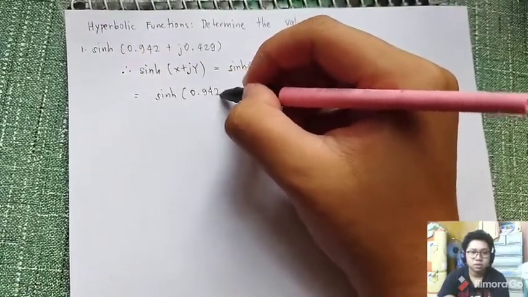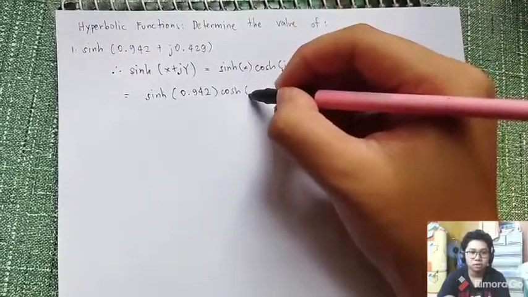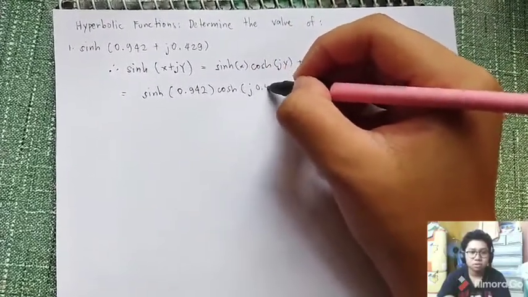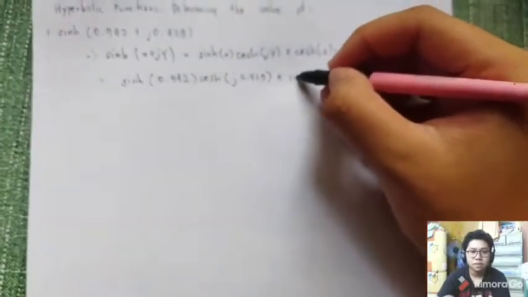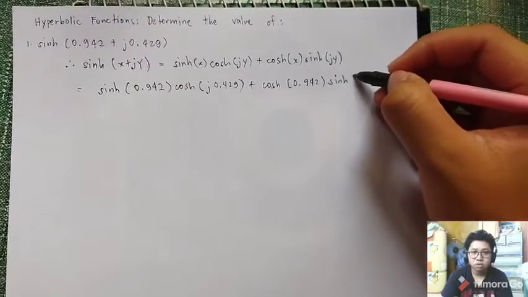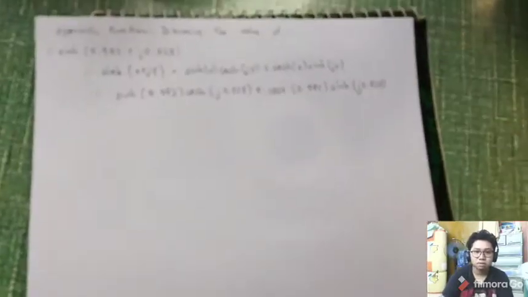is equal to the sine hyperbolic of 0.942 times the cosine hyperbolic of j0.429 plus the cosine hyperbolic of 0.942 times the sine hyperbolic of j0.429.